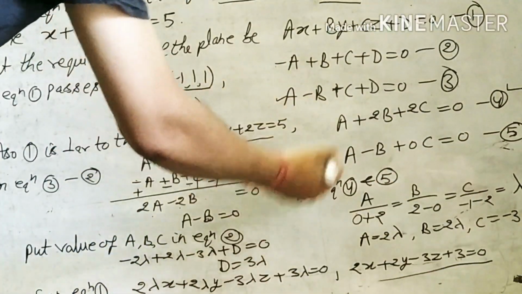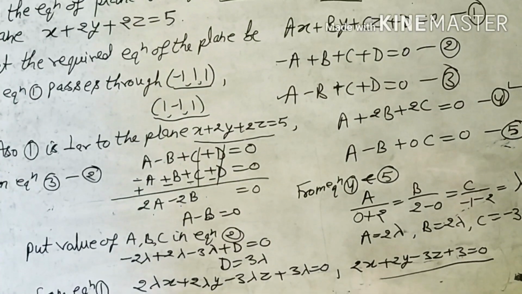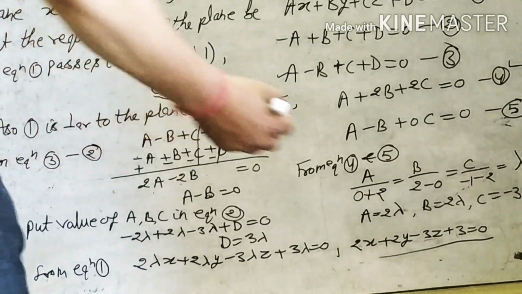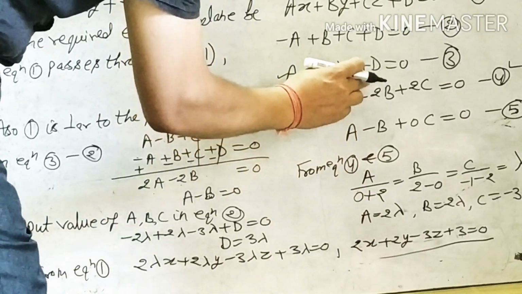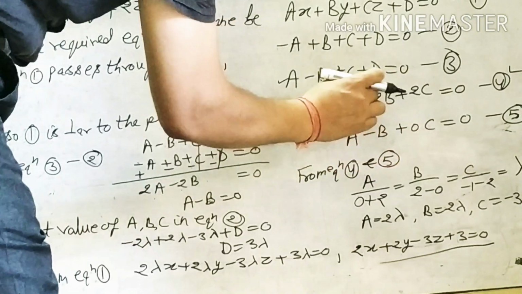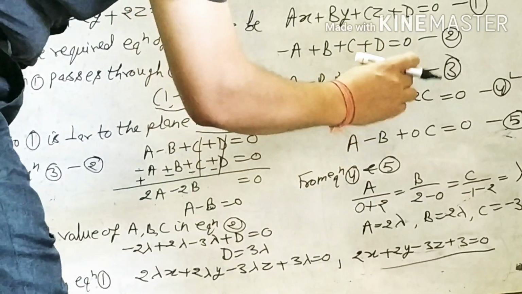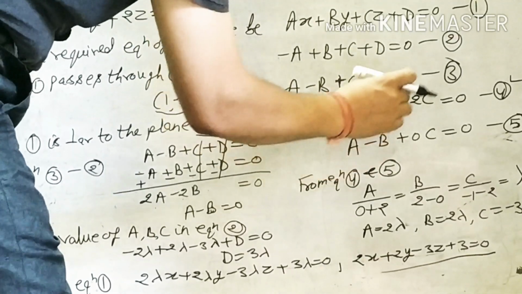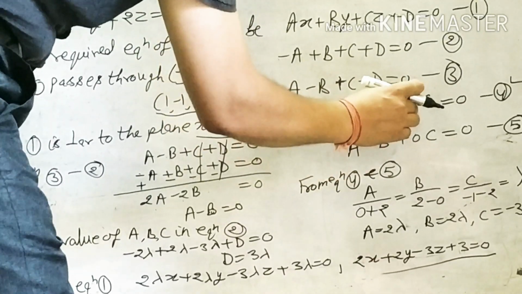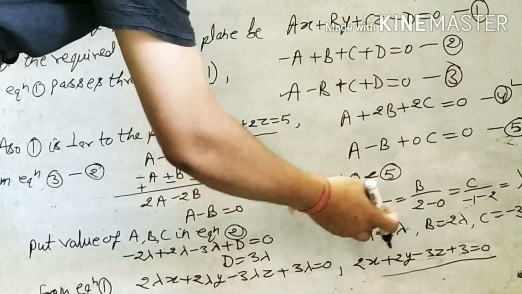Now on the basis of equations fourth and fifth, by the cross multiplication method we will find the values of a, b, c. For a: coefficient of b 2 multiplied with coefficient of c 0, that is 0, then minus 1 into 2, that will be minus 2, but the middle sign is negative, so plus 2.